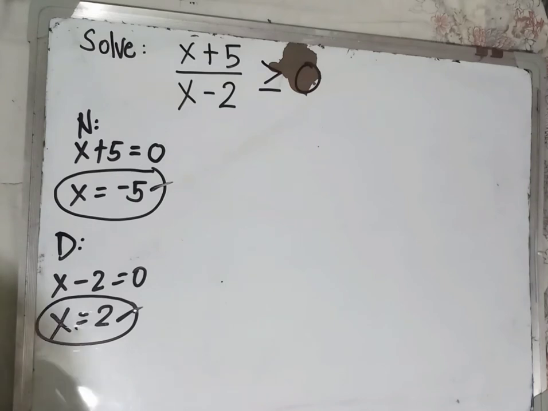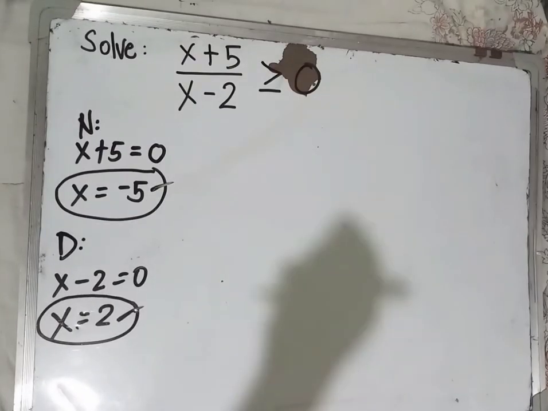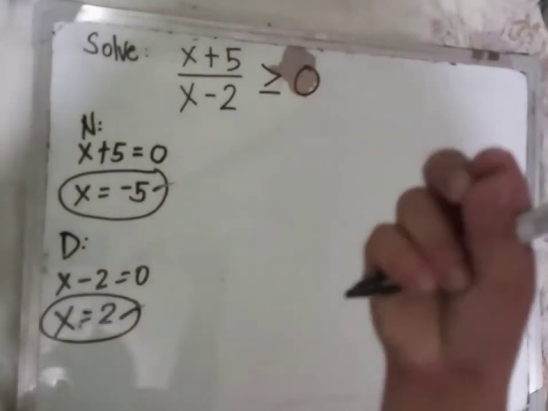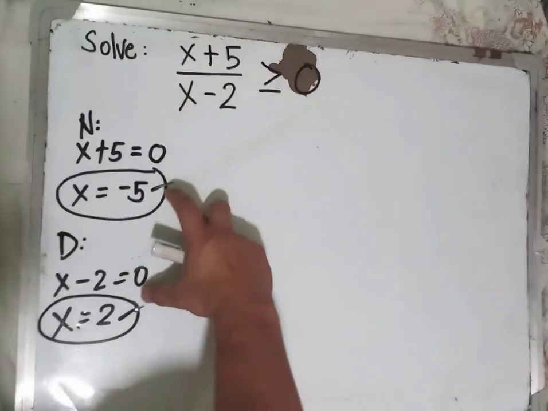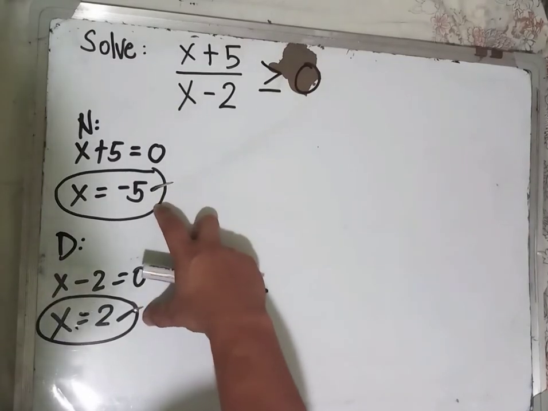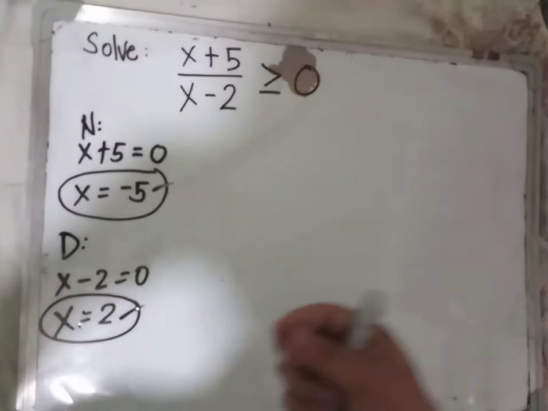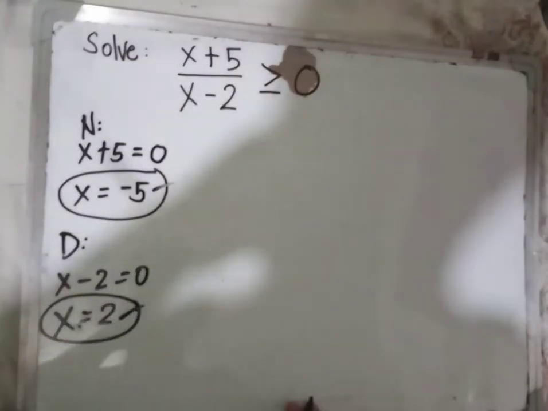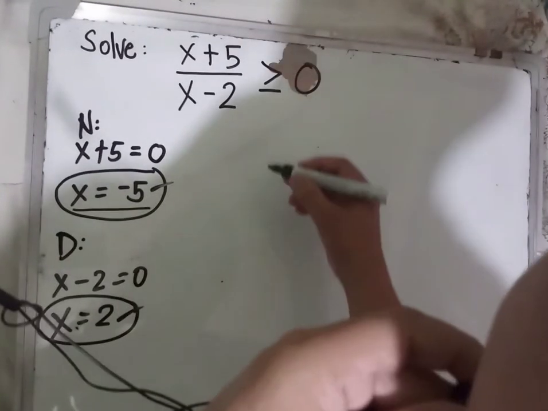Next step, you need to test the meaningful numbers if they make the inequality true or false. So i-test natin yung meaningful numbers sa given inequality. So i-substitute natin yung value ng x dito sa given inequality.